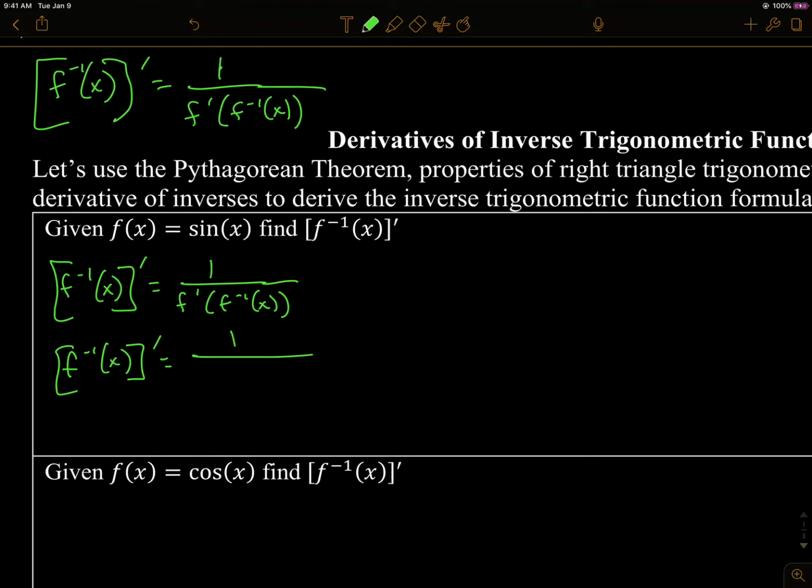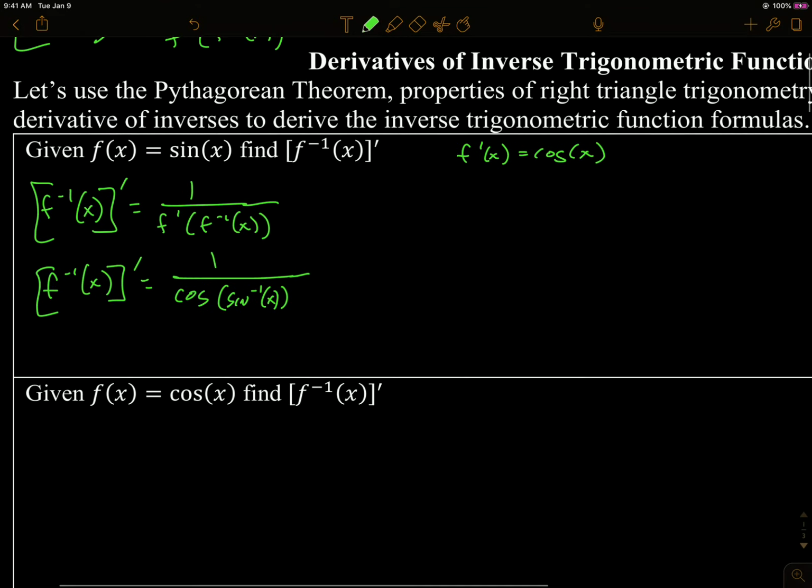So if f is sine, then f prime is cosine of x. And inside of the cosine, I don't put x, I plug in the inverse sine of x.